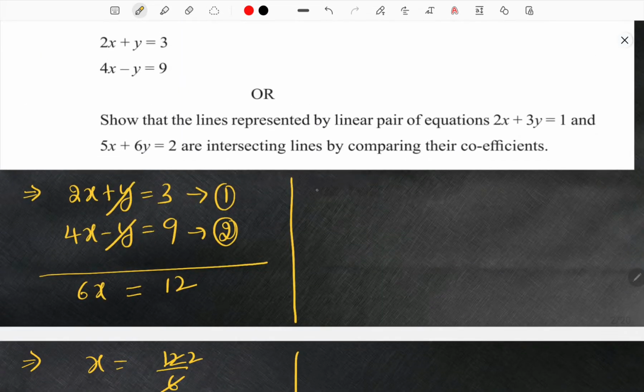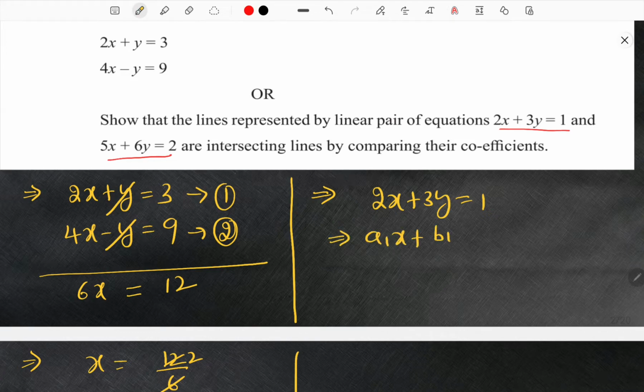The first equation is 2x plus 3y is equal to 1. Both formats are the same, so you can directly compare it with a1x plus b1y is equal to c1. The value of a1 is 2, b1 is 3, and c1 is 1.